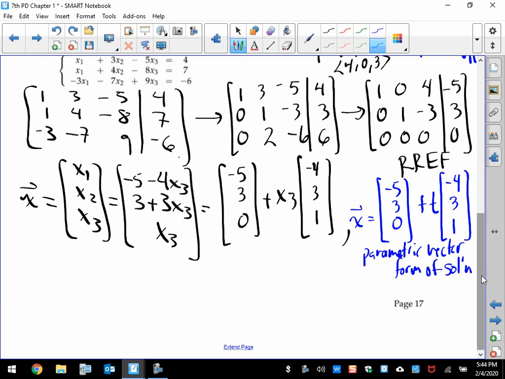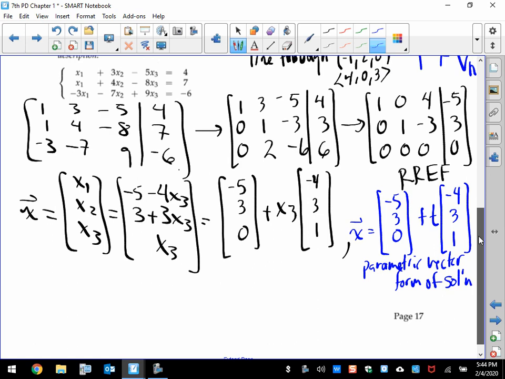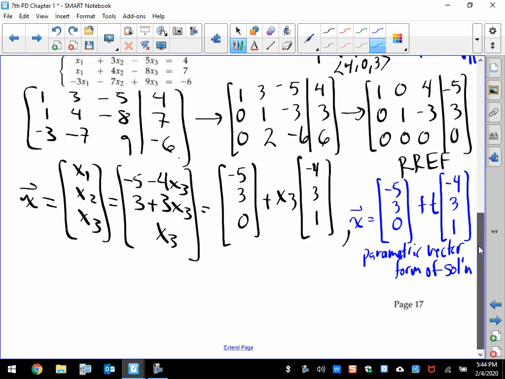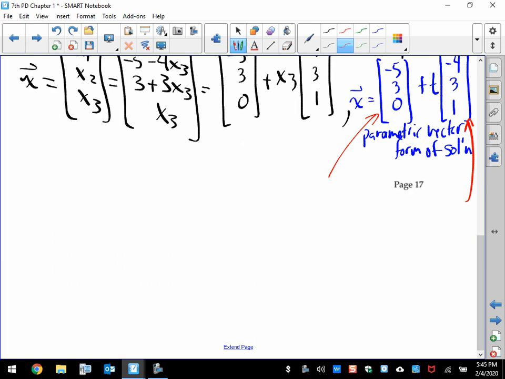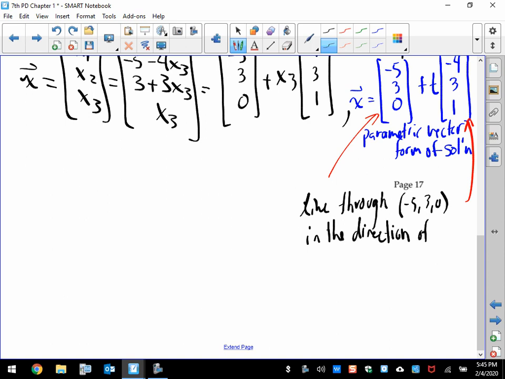Okay, and what did they ask? Geometric description? Same interpretation as the previous problem. This is a point right here, and this is the extrusion in a direction of (-4, 3, 1). So this is a line. So we have a line through (-5, 3, 0) in the direction of (-4, 3, 1).